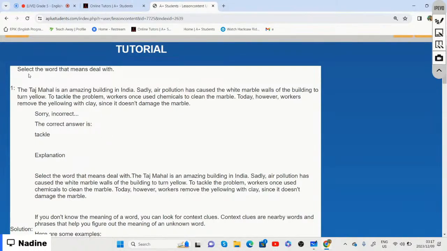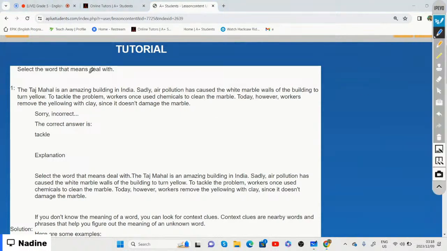So if we now look at this, we need to select the word that means deal with. So we need to find a word that means deal with.